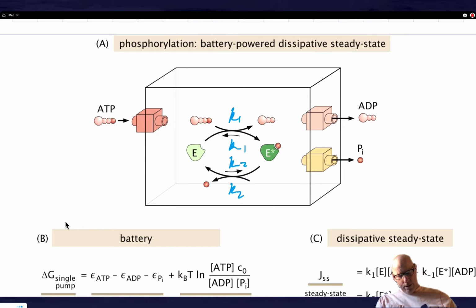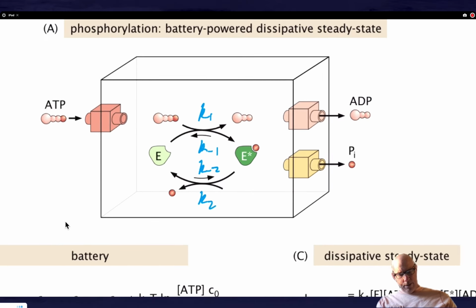What I want you to observe is that the way we've drawn this, we've drawn the arrows in such a way that you're supposed to get the idea of a net cycle. In other words, there is a one-way flux. This thing is in a so-called non-equilibrium steady state. It's constantly churning, and every time that one reaction cycle takes place, there is a consumption of an ATP, so there's an ATP hydrolysis event.